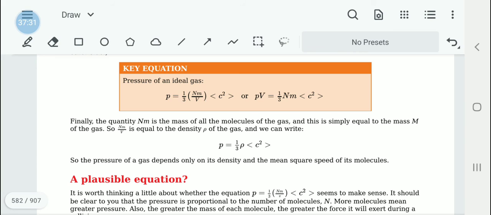The quantity Nm is the mass of all molecules, which is capital M, and also because Nm upon V is density, we can obtain the equation P equals 1 upon 3 rho average c squared.